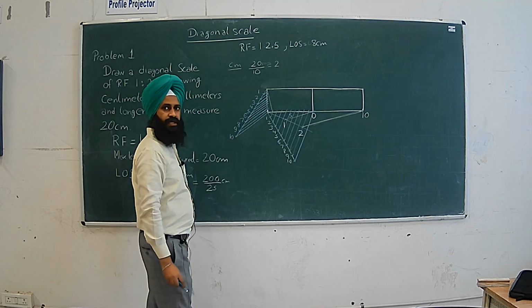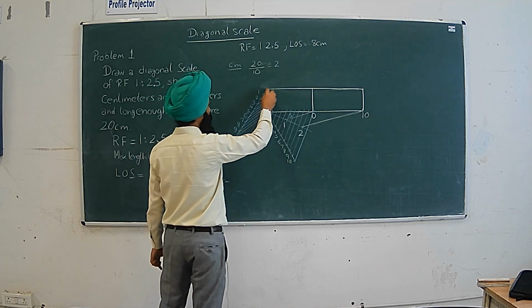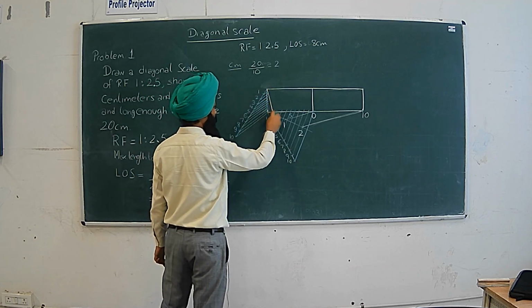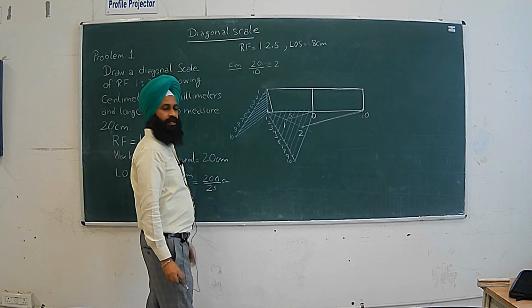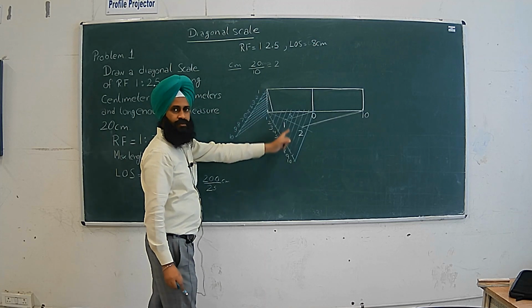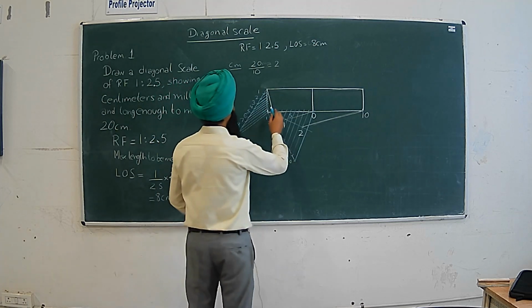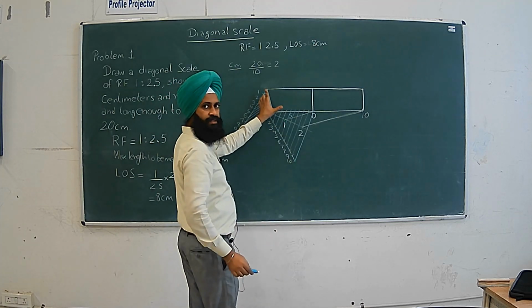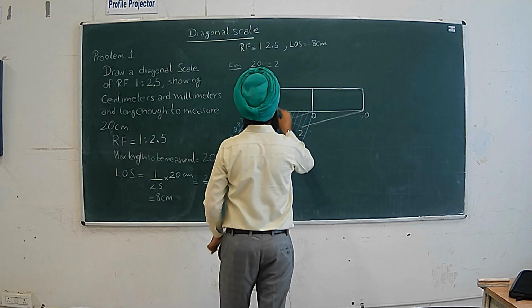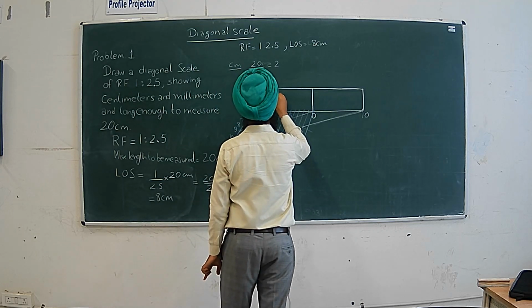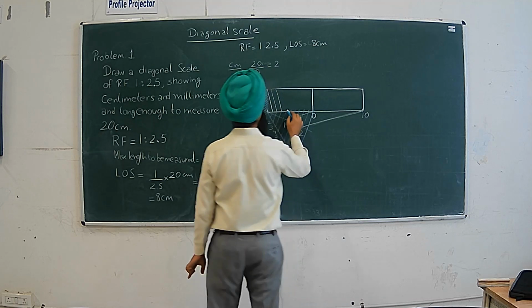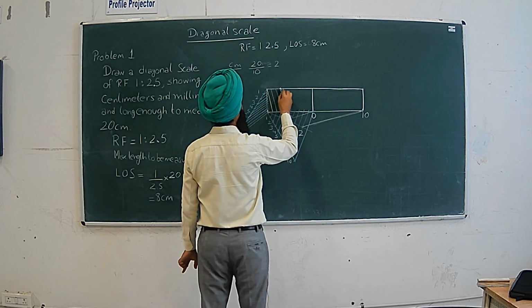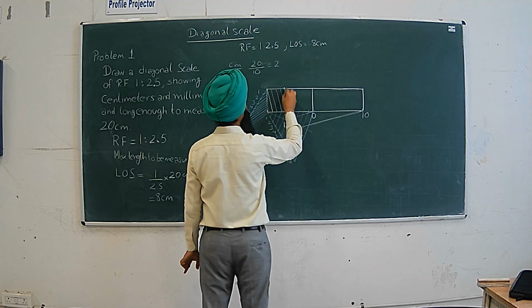So this is the diagonal for our diagonal scale. Now from each and every point, draw lines parallel to this line. Set the drafter in line with this line and draw parallel lines through all other points of intersection.